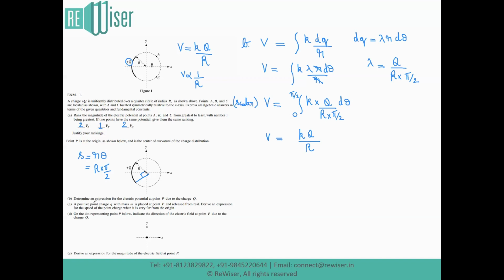A positive point charge q with mass m is placed at point P and released from rest. Derive an expression for the speed of the point charge when it is very far from the origin.